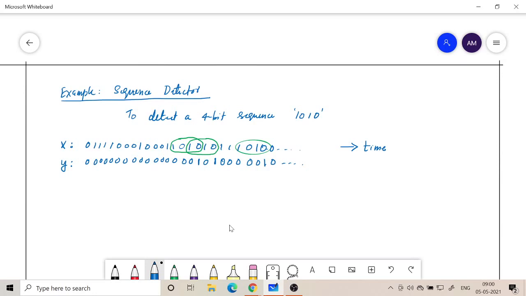So this is the output corresponding to overlapped detection.